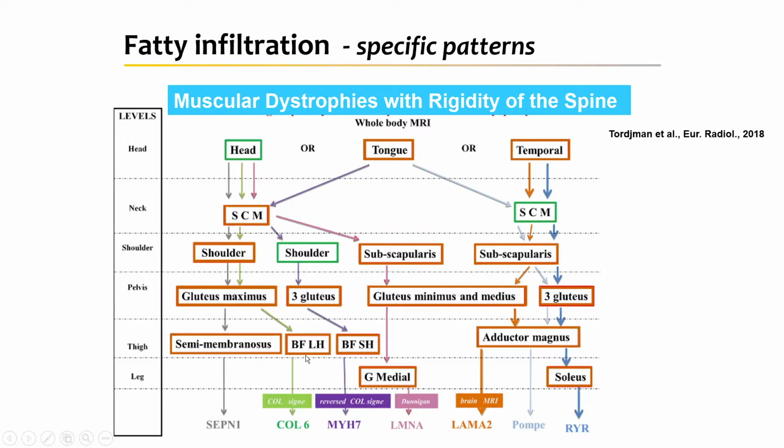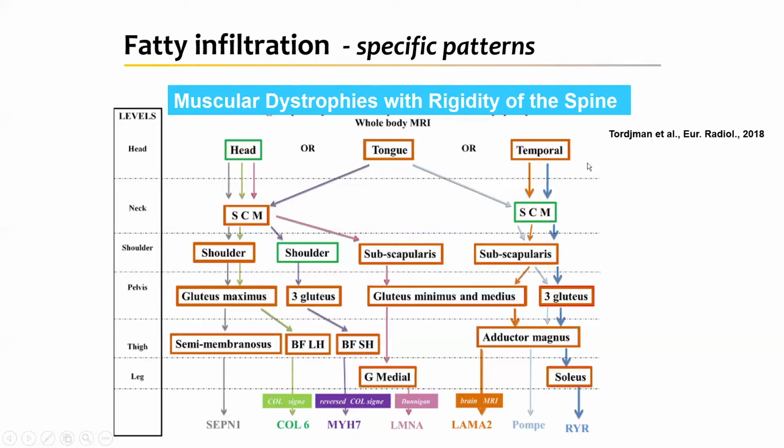Here, if you follow, and you have the gluteus maximus involved, the biceps femoris, and then you have the collagen sign, so you go back to the collagenopathy. We've seen also the myosin heavy chain, and there's a 4th option where the subscapularis is involved, the gluteus maximus is not too much involved, and you are back on the lamin diagnosis.